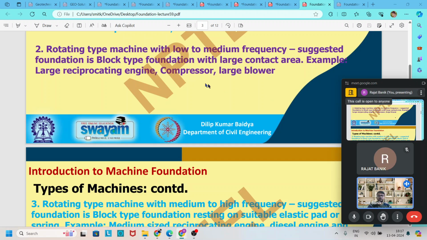Lectures number 59 and 60, and also the previous lectures, we will discuss in tomorrow's extra session, which is on 14th April, and the timing will be the same. So we will meet again in tomorrow's class, which is the last class of this session.